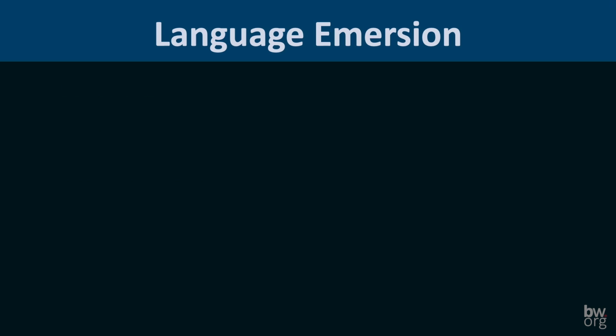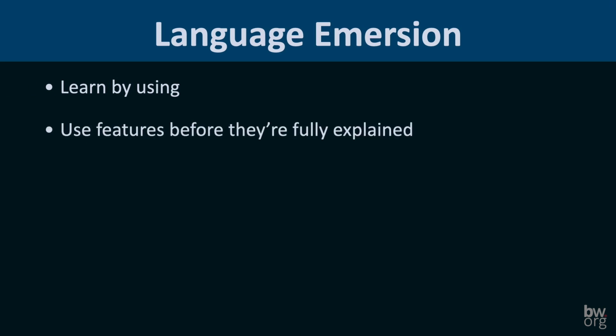Because of the interdependent nature of the different parts of C++, this course uses a language immersion approach. You'll learn by using the language, and you're encouraged to experiment often and make mistakes and learn from them. You'll often use features which have not yet been fully explained. This is necessary as many parts of the language and libraries are interdependent. Try not to worry about it.